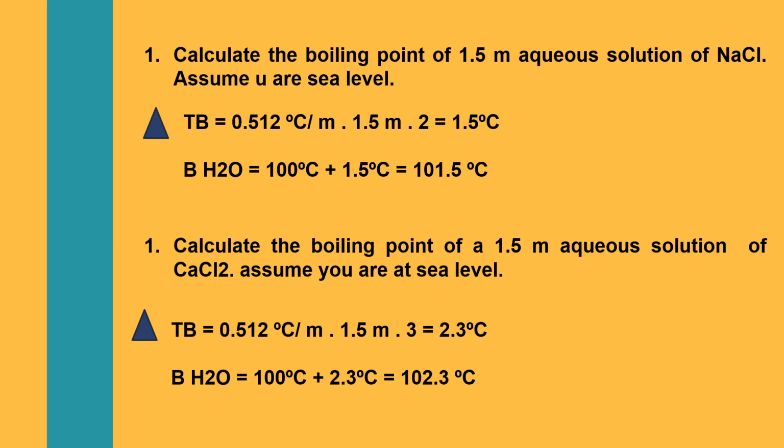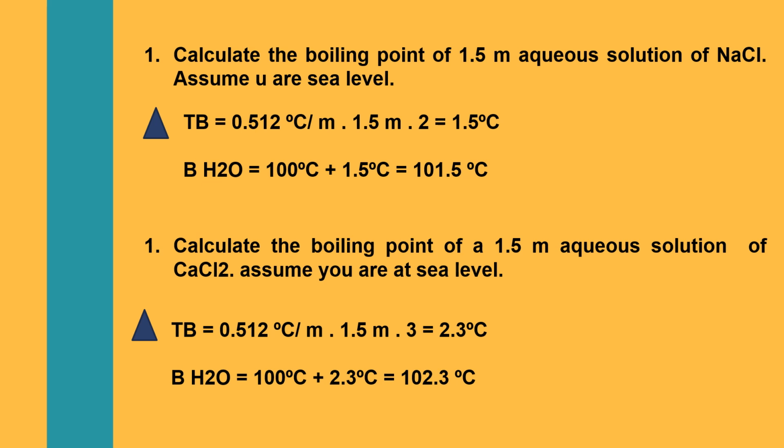Once again, to get the change in the boiling point of the solution, we take the boiling point constant of 0.512 degrees Celsius per molal and multiply this by the molality, which is 1.5. And last but not least, we need to think about what the van't Hoff factor is going to be here.